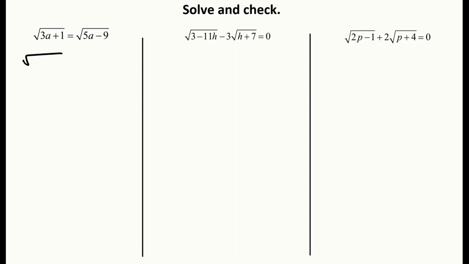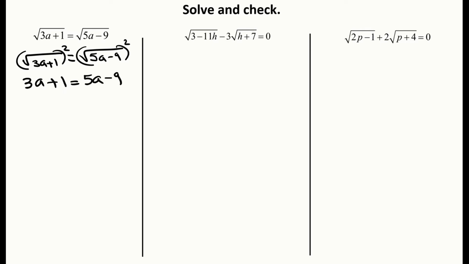And we end up with the square root of 3a plus 1 squared equals square root of 5a minus 9 squared. Now we know that the square root of any radicand squared just gives us the radicand. So 3a plus 1 equals 5a minus 9.